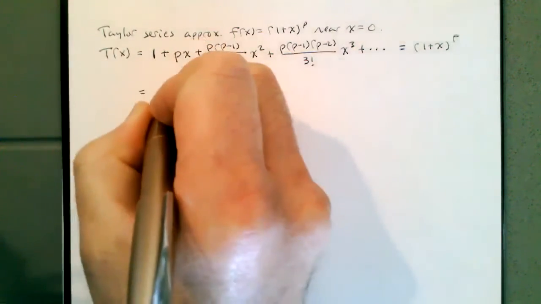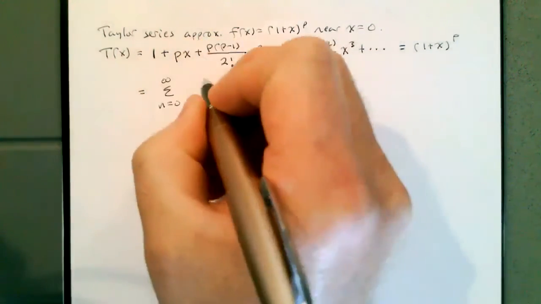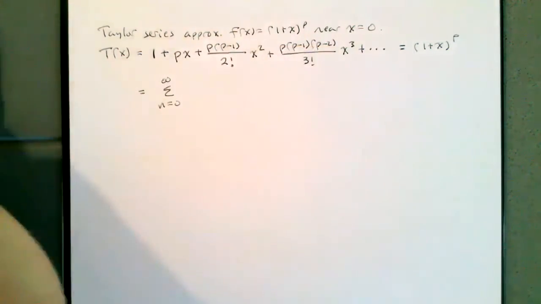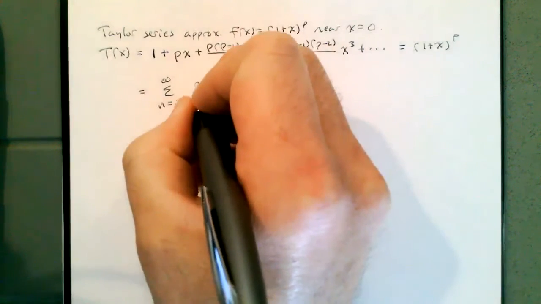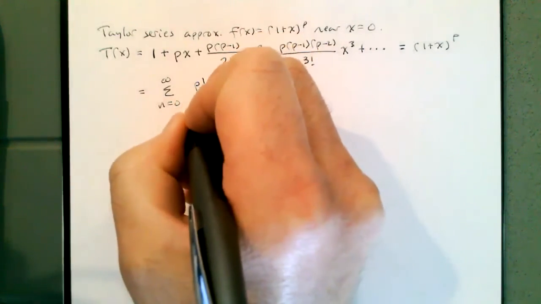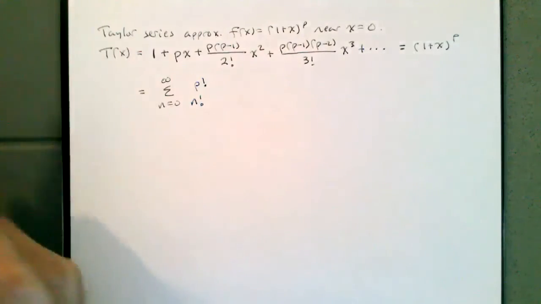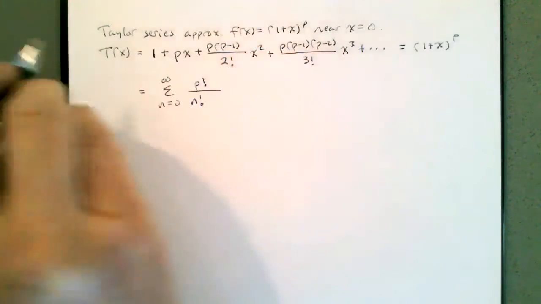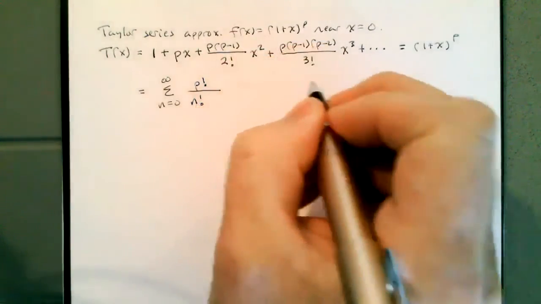We could think of this as the series as n goes from 0 to infinity of, to get the coefficient, we'll have p factorial over n factorial. That will pick off the first n factors of p, divided by n factorial.